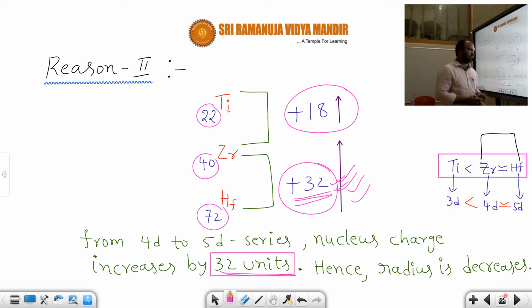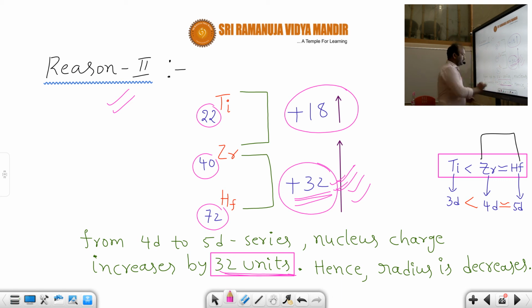So lanthanide contraction is also one of the perfect reasons to explain why zirconium and hafnium, or the 4d and 5d series, have a similar atomic radius. Of course, some books mention this reason also: plus 32 units of nuclear charge increase on the outermost electron, so atomic radius decreases so much.